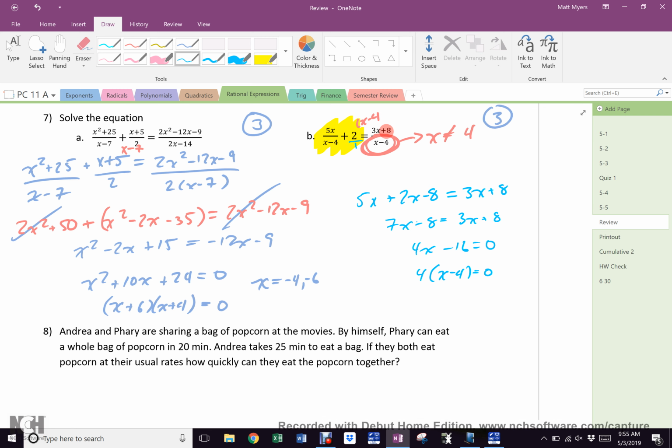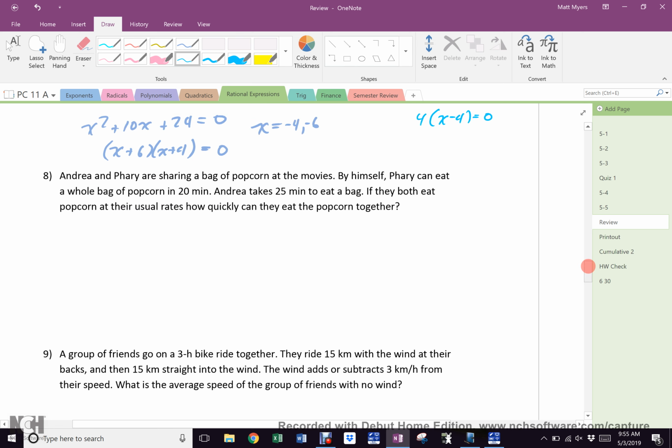Okay. All right, let's talk about Andrea and Fari. Remember, there are 2 ways to do these questions too, yes? You could use a rate. Andrea's rate is 1 popcorn per 25 minutes, yes?